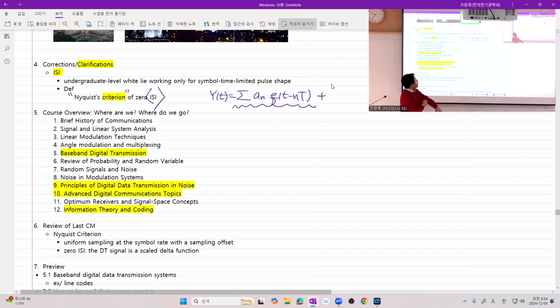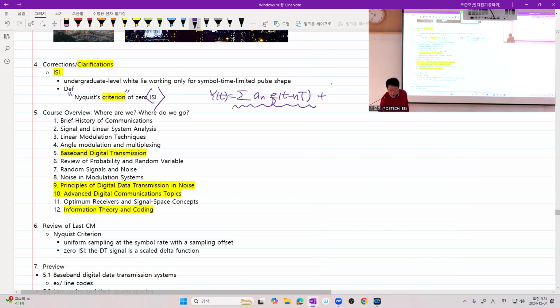Some people say pulse amplitude modulation, which was the correct definition about 50 years ago, but these days people usually call this form QAM, even though sometimes the A sub n's are not QAM symbols.